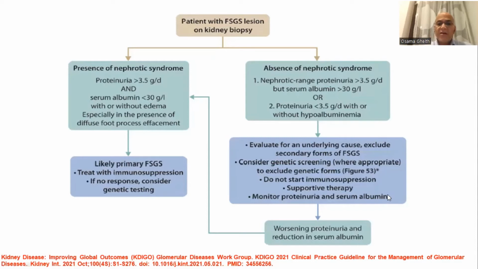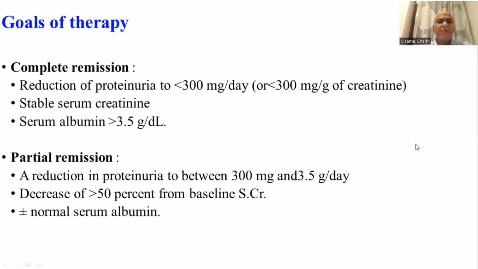We proceed with supportive measures and monitor proteinuria and serum albumin. If there is no response, or progression of kidney dysfunction and worsening of proteinuria, we can consider it as the primary form and proceed. The goal of treatment is to induce complete remission with proteinuria less than 300 milligrams per day, stable creatinine and albumin more than 3.5 grams, or partial remission with proteinuria between 0.3 and 3.5 grams per day, decrease in creatinine below 50% of the baseline, and normal albumin.